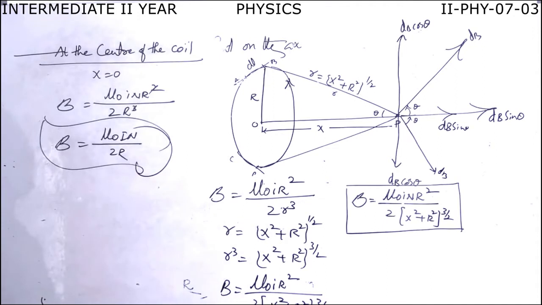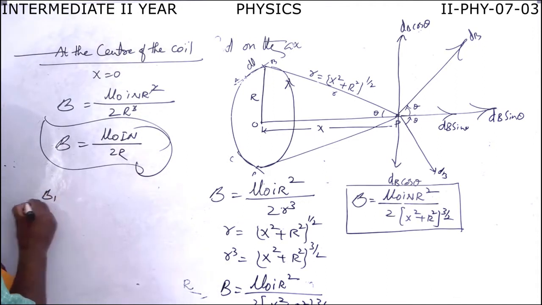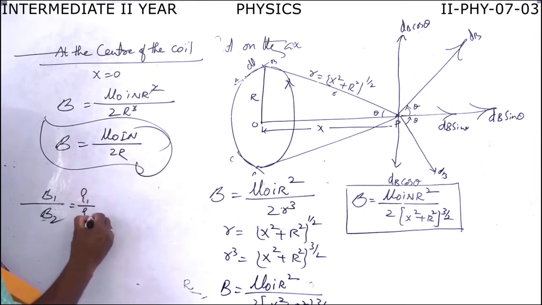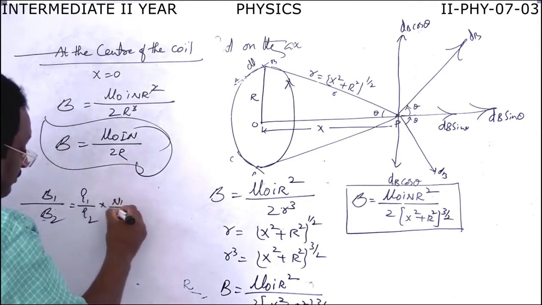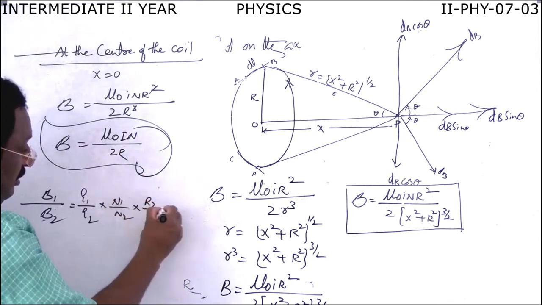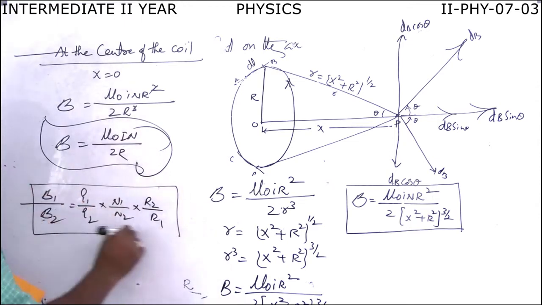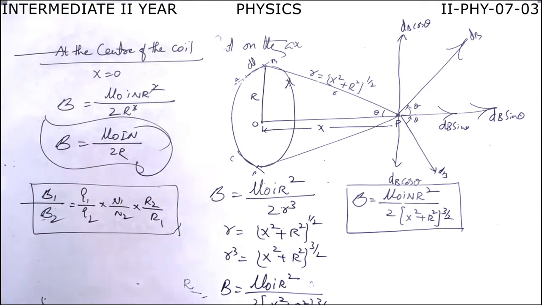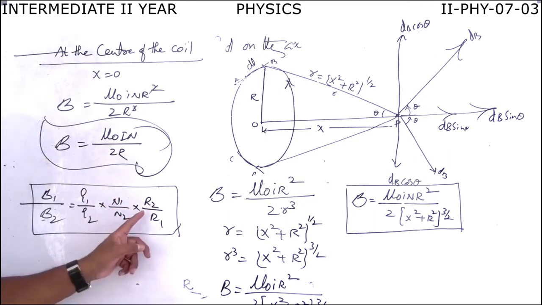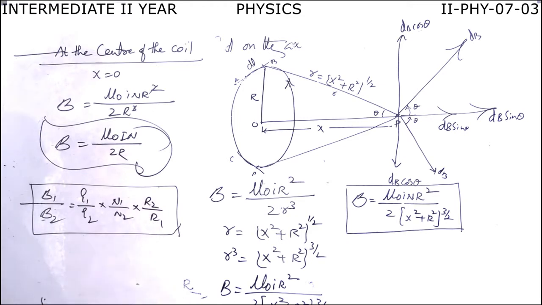With different coils like this, the ratio of magnetic field produced by different coils, B1 by B2, is directly proportional to the ratio of currents passing through them, directly proportional to the number of turns in those 2 coils, and inversely proportional to the radius of those 2 coils.